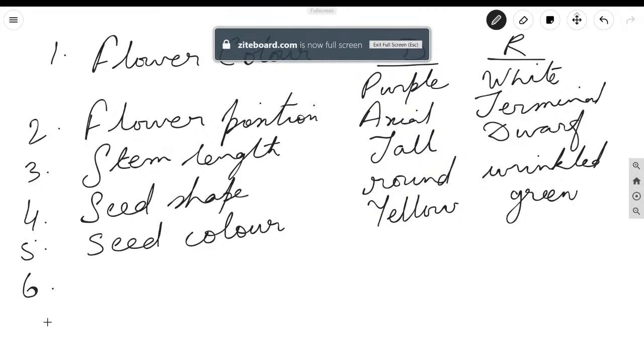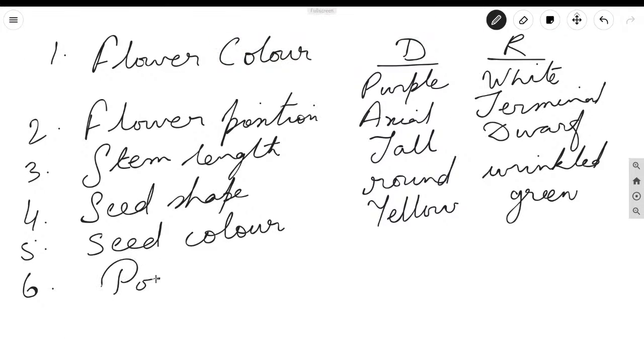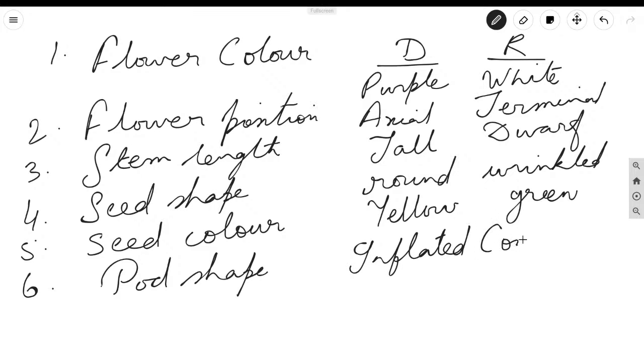Then number 6, pod shape. That is inflated in case of dominant, okay, constricted in case of recessive. Then 7 is the pod color.